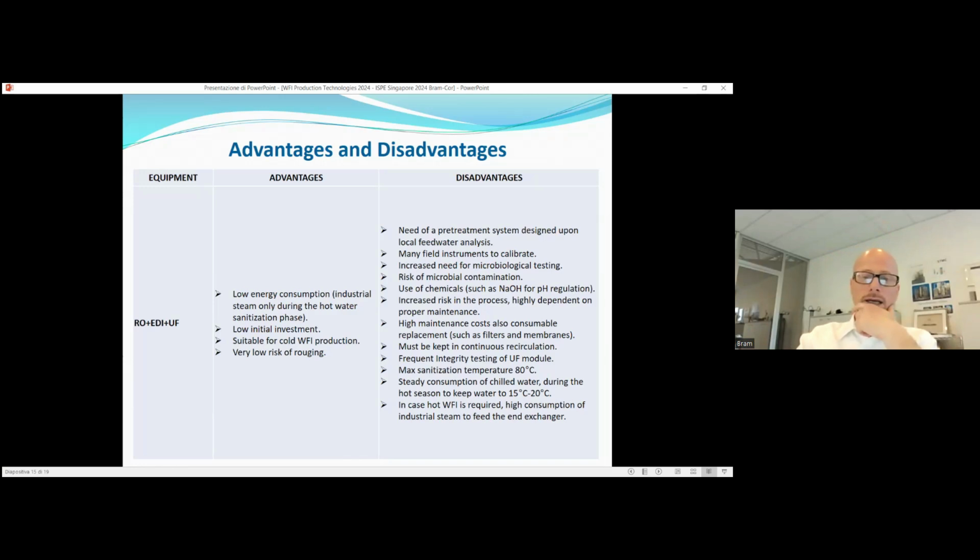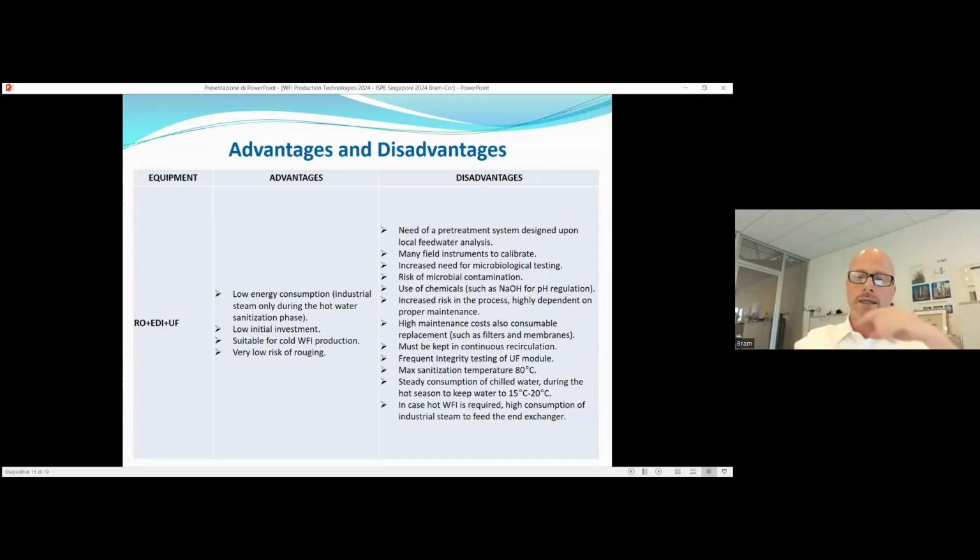It has to be recirculated continually. The integrity test of the ultrafiltration is required. Sanitization is maximum 80 degrees, 80, 85. There is the necessity during hot season to keep the temperature below, we recommend below 20 degrees, to have an environment that is not good for bacteria proliferation.